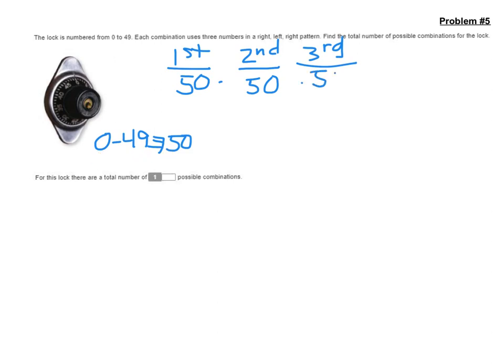So if we take 50 times 50 times 50, we get 125,000 possible outcomes. This makes a lot of sense because it's going to be harder to open a combination lock if you know there are 125,000 possible combinations. You would be there for a very long time trying to break into this lock.